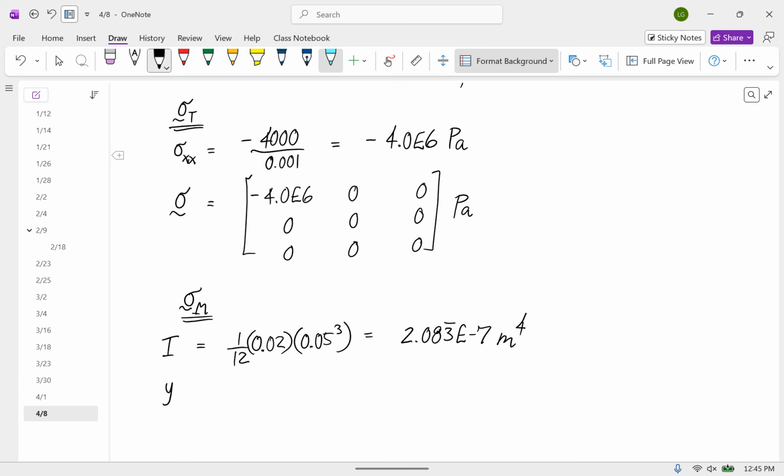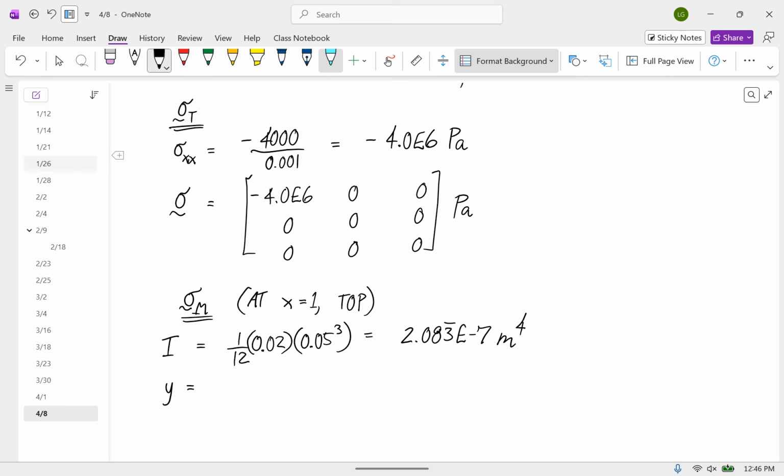And our y value at the top, so we're doing this at x equals 1 and at the top. Well, this thing has a height of 0.05. So what's the distance from the neutral axis to the top? Oh, 0.025. And then is it positive or negative if we're going to the top?